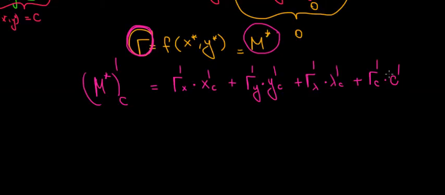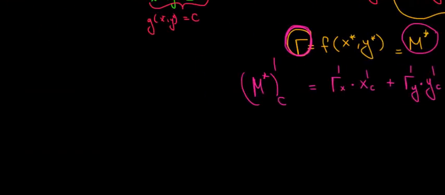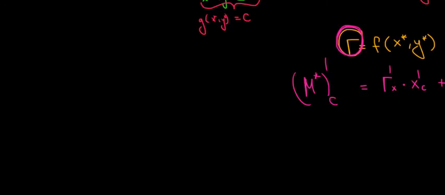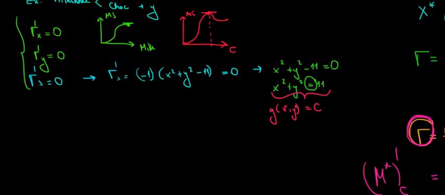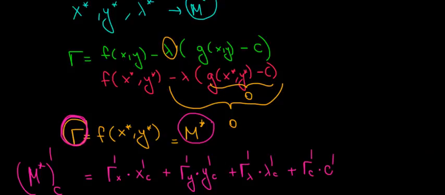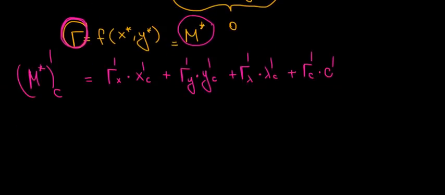Now, what are we trying to show here? At the optimal point, recall that the derivatives with respect to x, with respect to y, and with respect to lambda are 0 over here, meaning that the first three terms in our equation are going to become 0.